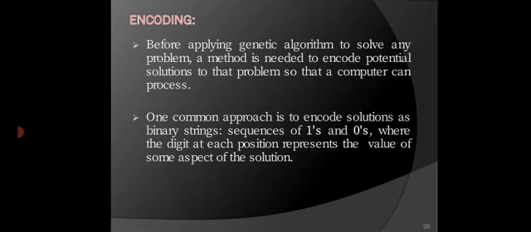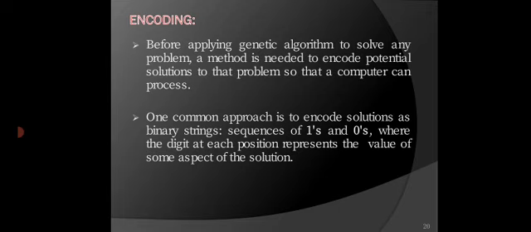So encoding is the input for the program in the computer. Right, we cannot directly use the problem, say f(x) is equal to x square. So we have to give coding to this to run a program.